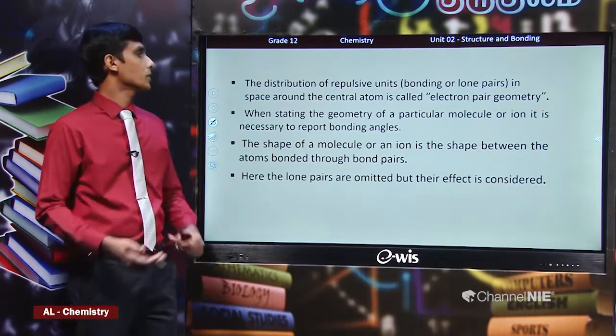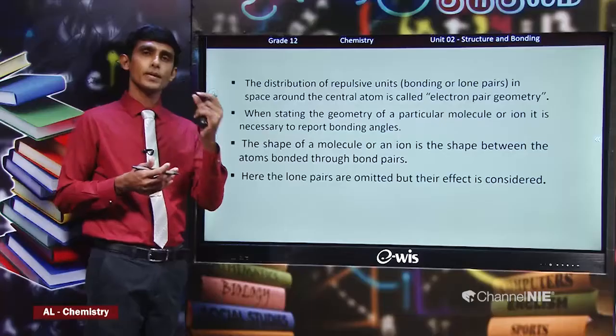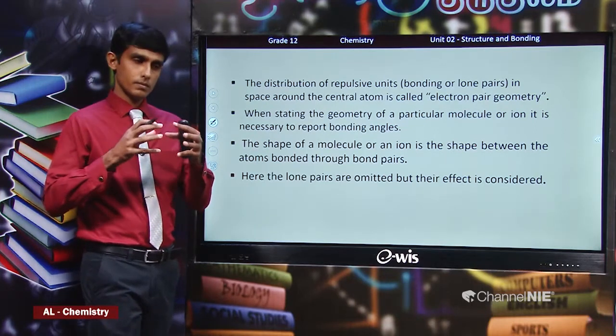The distribution of the repulsive units, bonding or lone pairs, in the space around the central atom is called the electron pair geometry. When stating the geometry of a particular molecule or ion, it is necessary to report the bond angles. The word geometry is somewhat a collective term.